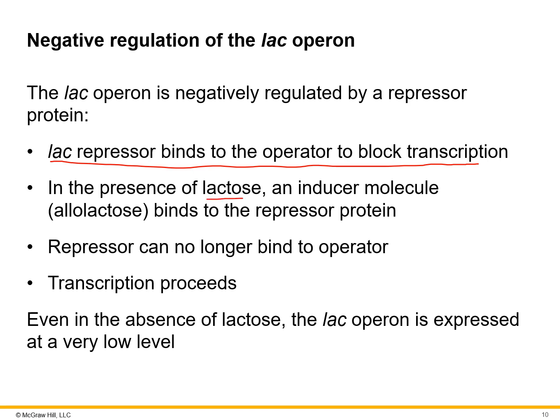But when lactose is present, lactose gets converted into allolactose, and allolactose is going to attach to that repressor protein. When allolactose attaches to that repressor protein, it changes the shape of that repressor protein, and it can no longer attach to the operator, which was what was preventing transcription of the lac operon in the first place. And this permits transcription to proceed.